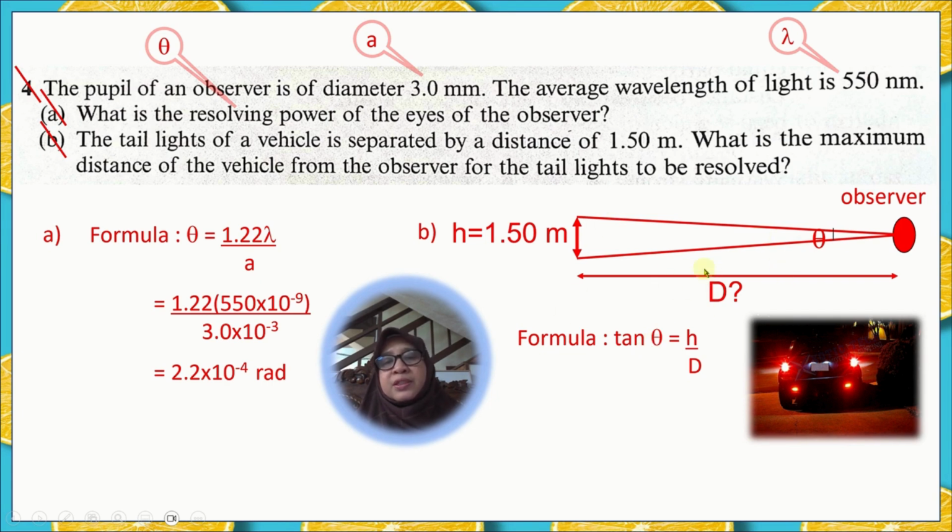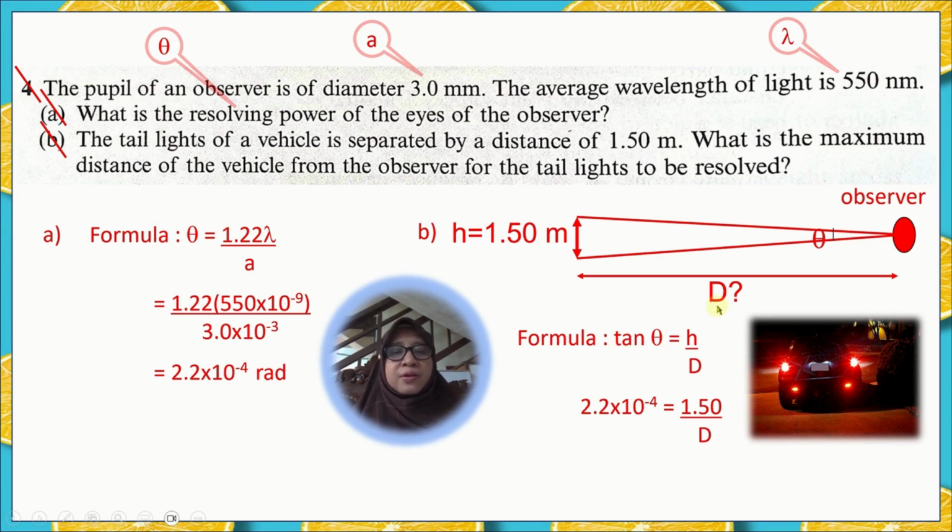So h over D: h is 1.50 divided by the distance that we are going to find in this question. The tangent theta is equal to theta, the resolving power, for a very large distance.